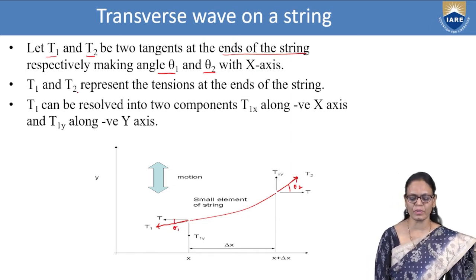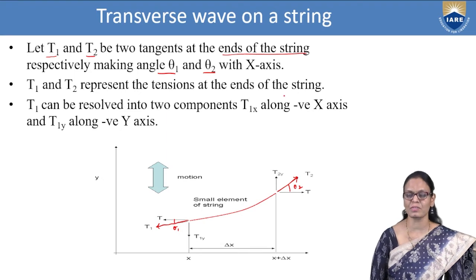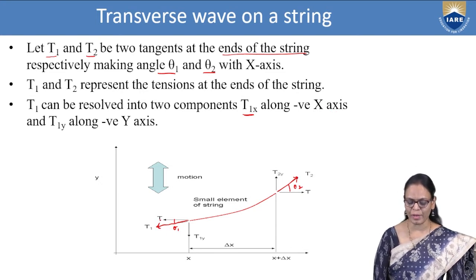So T1 and T2 represent the tensions at the ends of the string. Now these tensions T1 and T2 can be resolved into two components. T1 can be resolved into T1x along the negative x-axis and T1y.